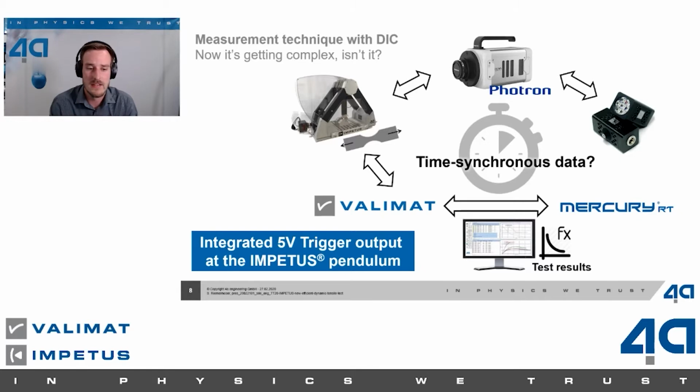Our pendulum has a 5-volt trigger output where we can connect the high-speed camera. We are actually using in our lab the Photron Nova S9. It's a really good high-speed camera with compact dimensions that we have included in our software.